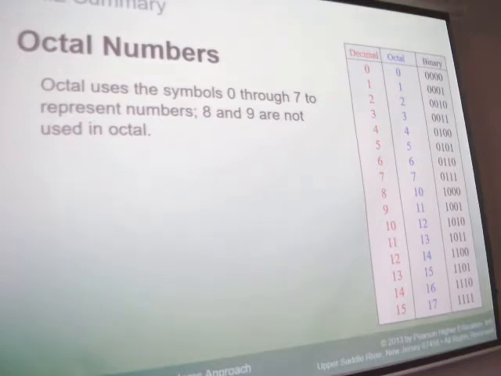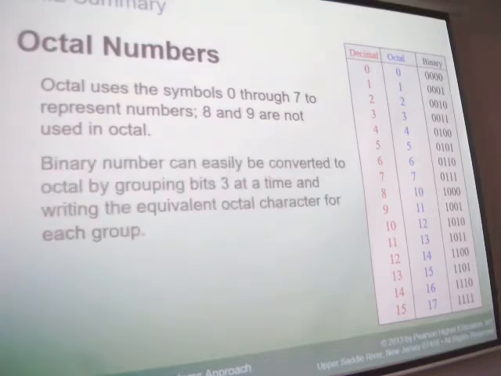But octal numbers, we only need to know that a binary number can easily be converted to octal number by grouping bits 3 at a time and writing the equivalent octal character for each group. Why 3 bits? Because one octal digit can represent a 3-bit binary number.